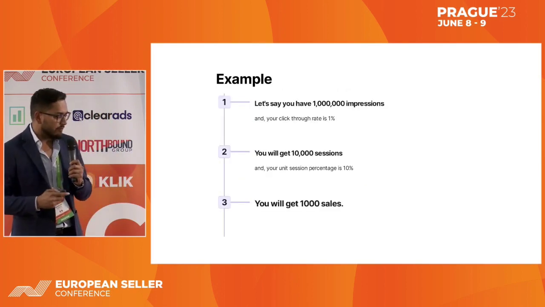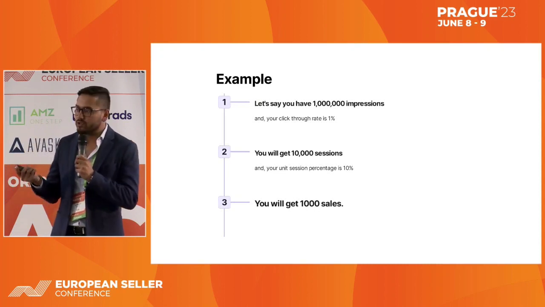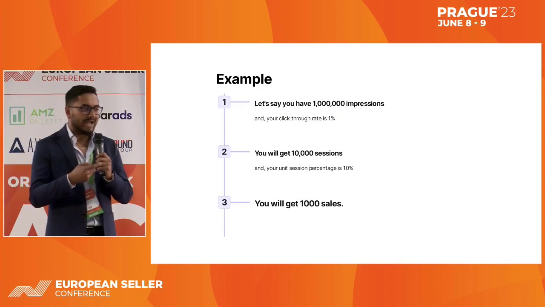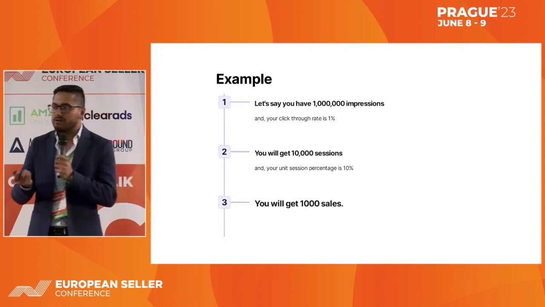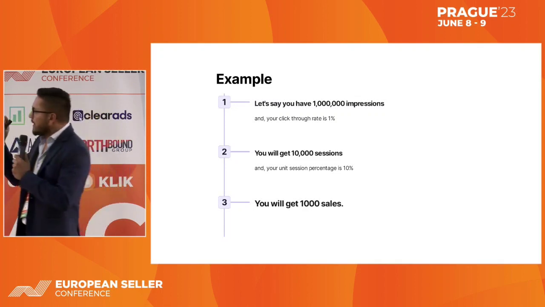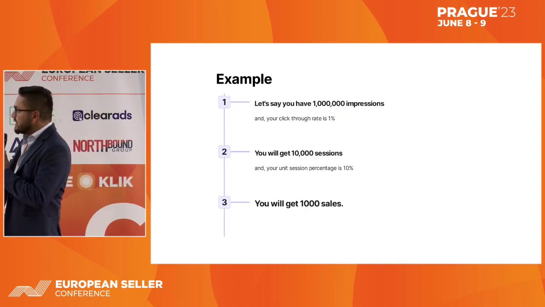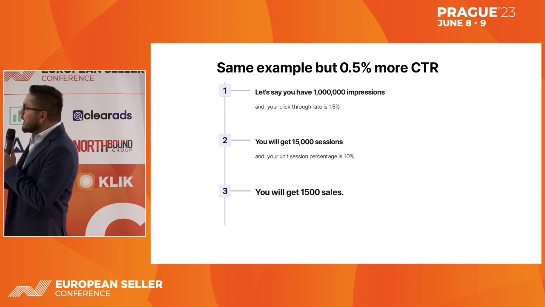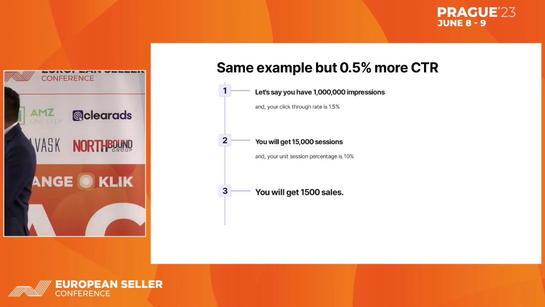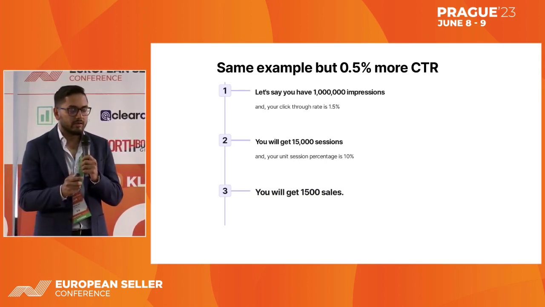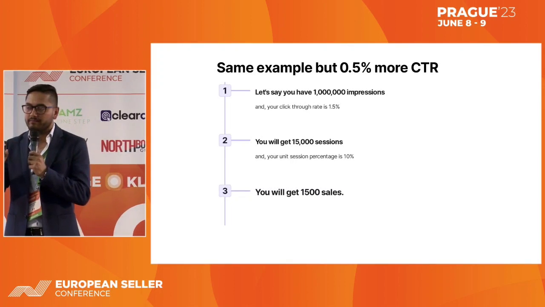For example, you have 1 million impressions on your Amazon listing and your click-through rate is 1%. That means you're going to have 10,000 visitors or 10,000 sessions. If you have a 10% unit session percentage, you will get 1,000 sales. Keeping the same example, if we could increase your click-through rate by 0.5%, now you're making 500 extra sales. All you did is increase the CTR.